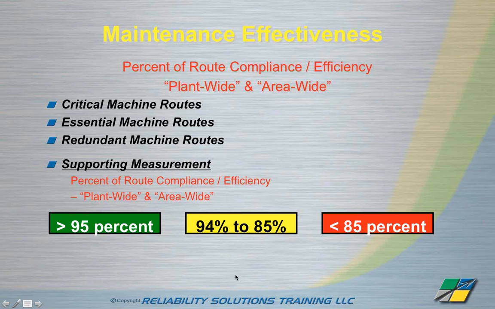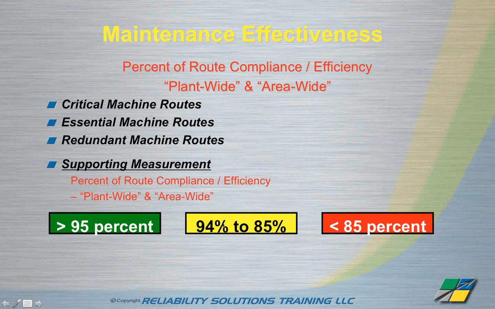So here are some examples of scorecards based upon the percentage of compliance. They felt that if 95% of their routes were complete, that was improving, 98 to 85 was sustaining, and if you're less than 85%, you were failing, and therefore needed to improve.